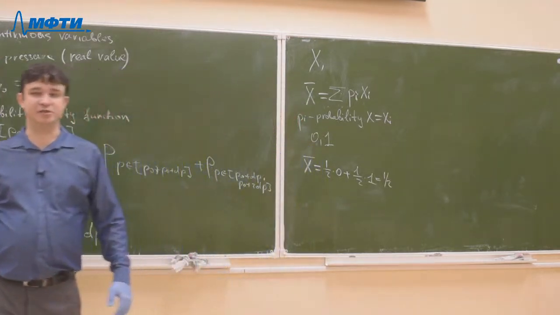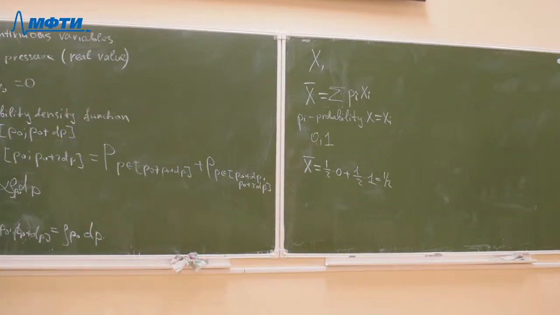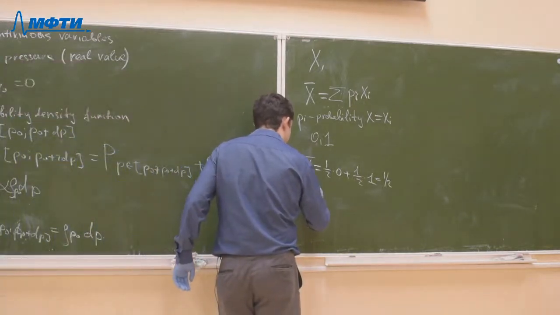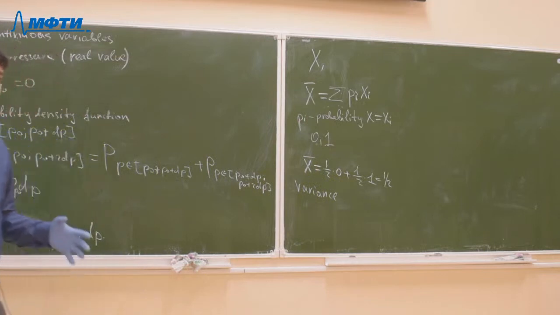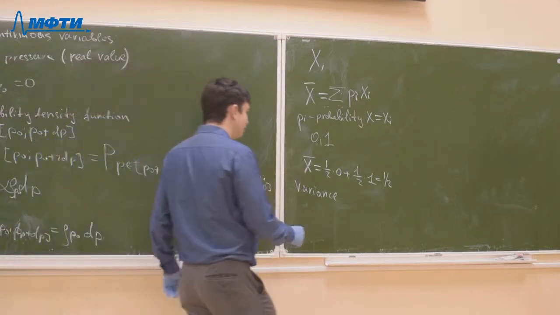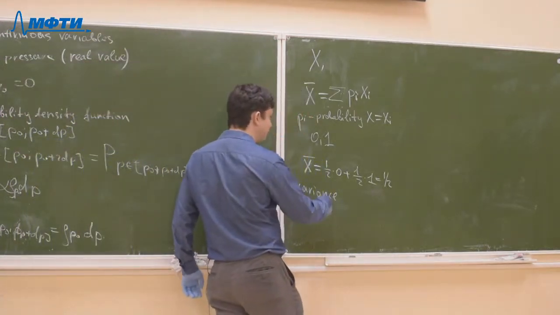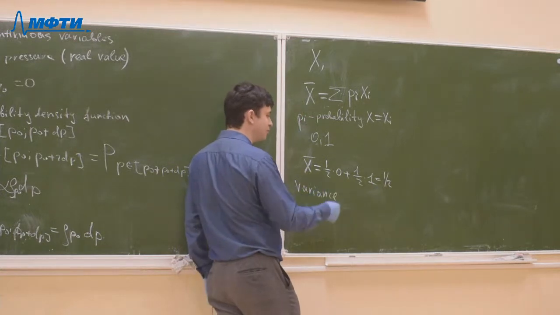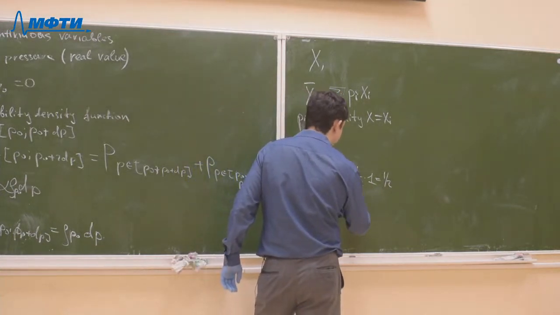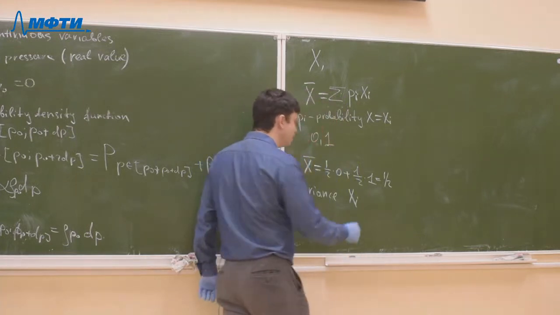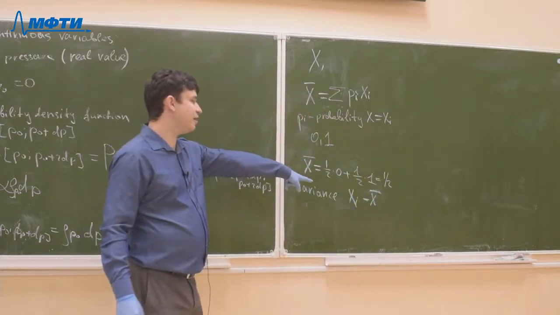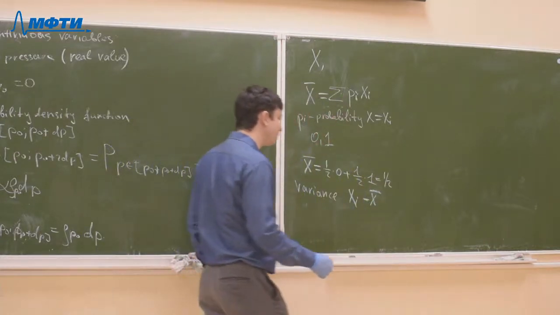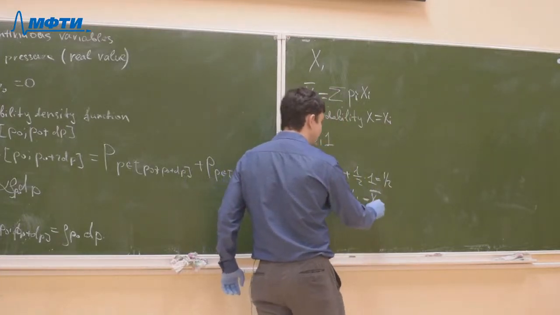Another important quantity is variance. Variance describes how your random values are deviating from the mean value. So of course, you produce some random events, and in each of these events you have the result xi. Then you calculate the difference of xi and the mean x, and if you take the mean value of this quantity, you will get 0.